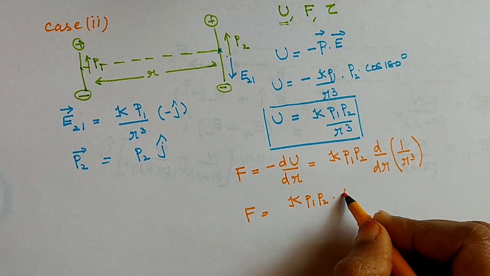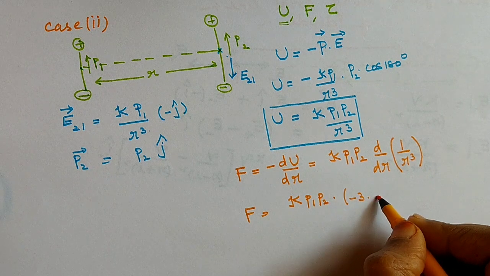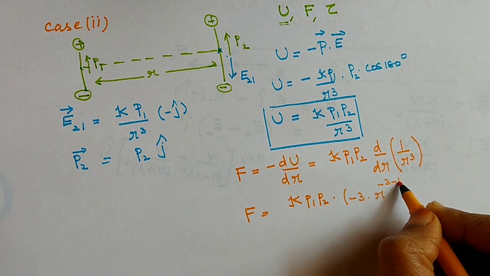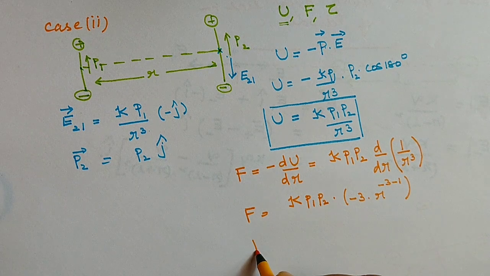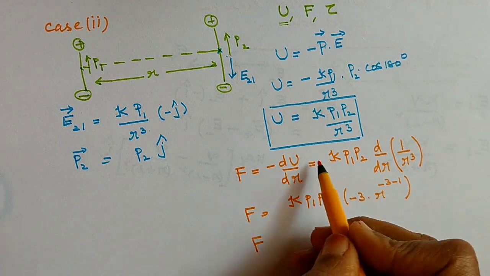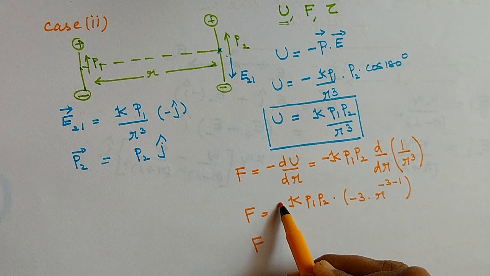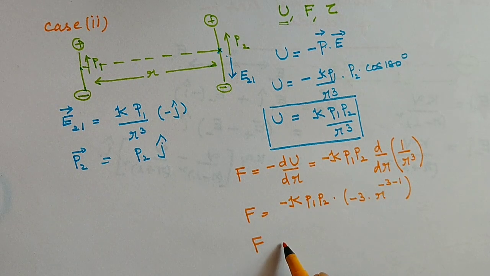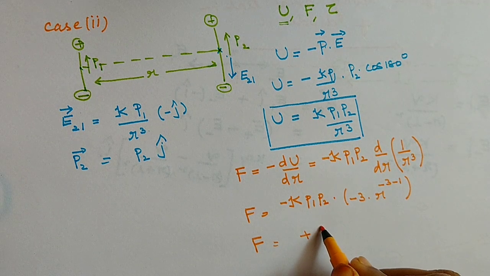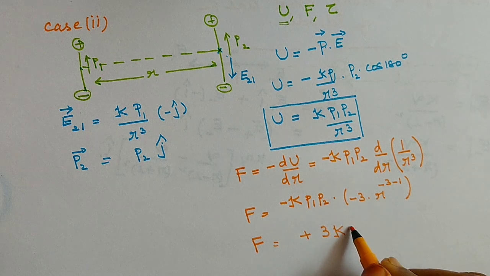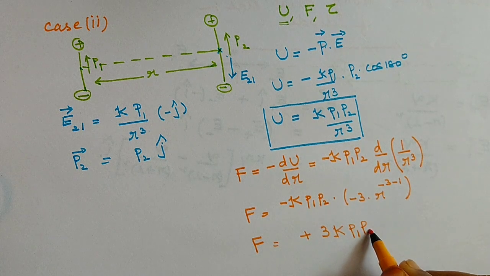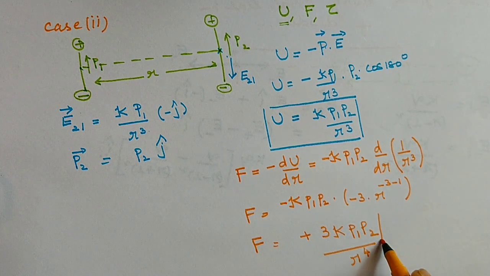Differential of r to the power minus 3 is minus 3 r to the power minus 3 minus 1, and there is a minus sign here. So minus of minus will become plus 3 K P1 P2 divided by r to the power 4.